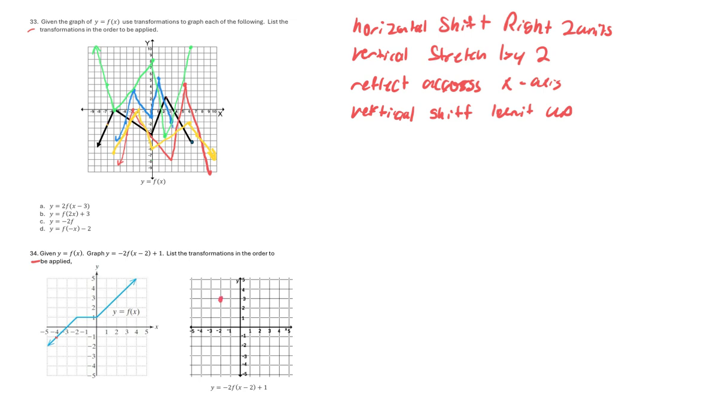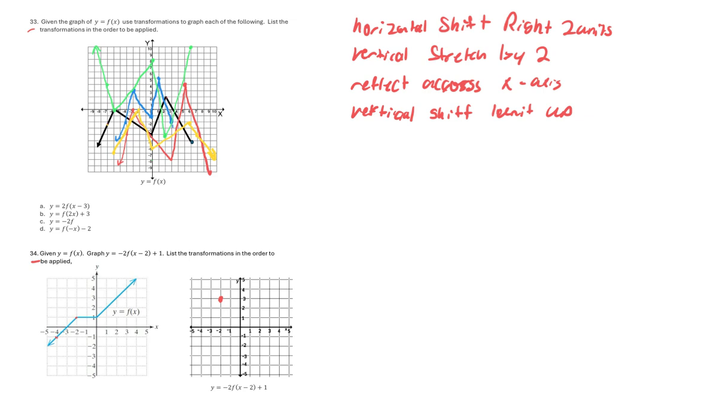The next point, we'll pick this -2, +1. So when we shift to the right 2 units, we're at 0, 1, multiply by 2 in the vertical, so 0, 2. Reflect across the x-axis, 0, -2, and then add 1.